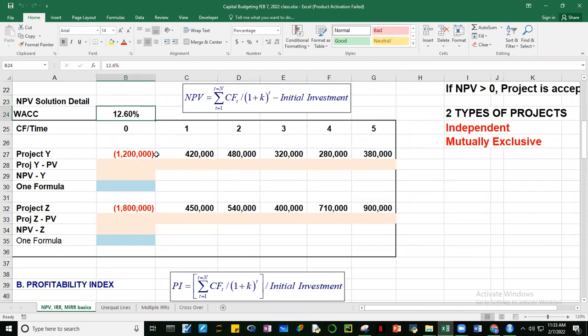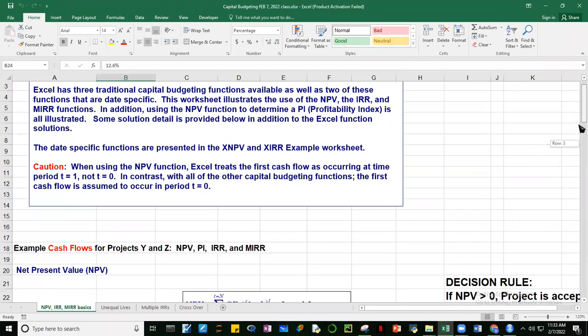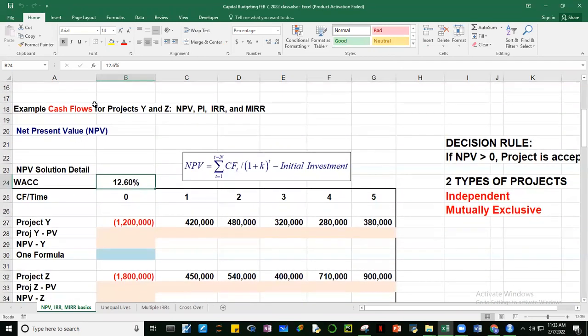Lagyan natin ng mga pangalan yung mga values para mas mabilis natin makuha yung mga formulas. Let's call this WACC. Here I'm at row 24. I'll call this WACC. Okay, enter. So may pangalan na tayo dito.